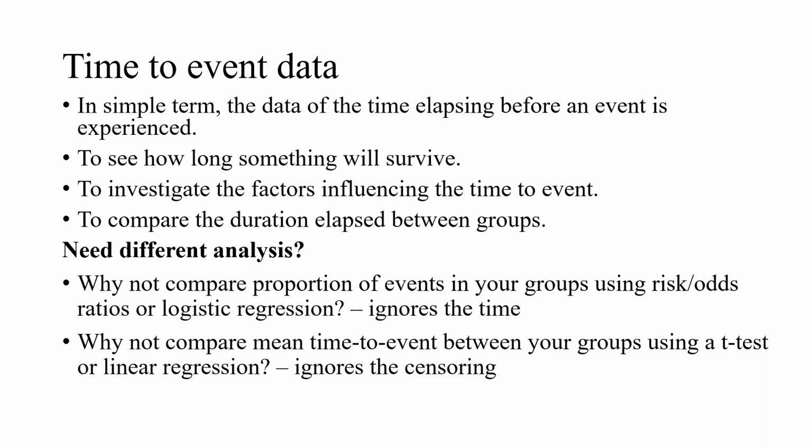Why do we need a different analysis? Why not compare the proportion of events in the groups using a risk ratio, odds ratio or logistic regression? When we simply compare events, or the occurrence of a certain disease or relapse, why don't we do it using risk or odds ratios, or any kind of proportions and frequency measurements we have learned in the previous classes?